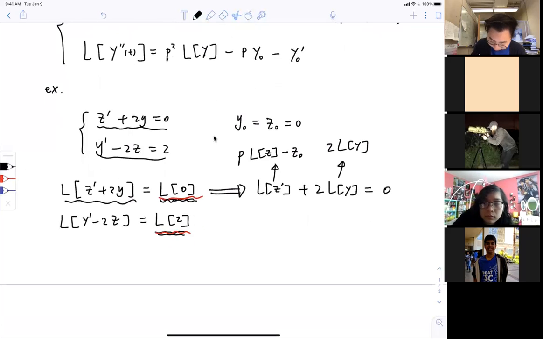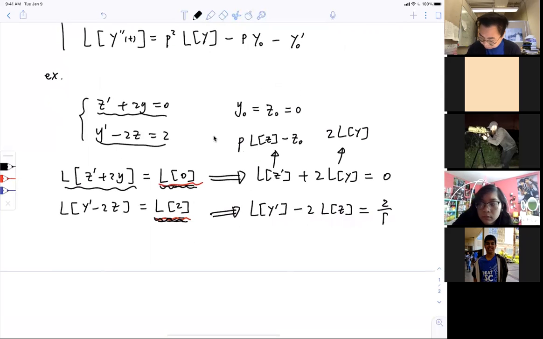And we also Laplace transform the second equation. I'm showing the steps in detail. The Laplace transformation of the constant 2 should be 2 over p, right?